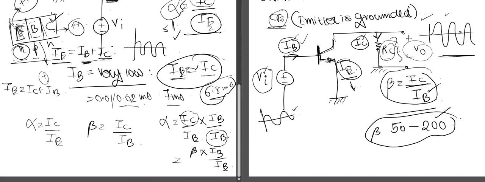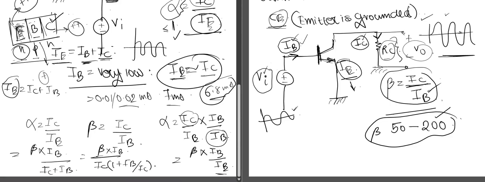If we substitute this value of IE, we get beta into IB divided by IC plus IB. From it, if we take IC common, we get 1 plus IB by IC.